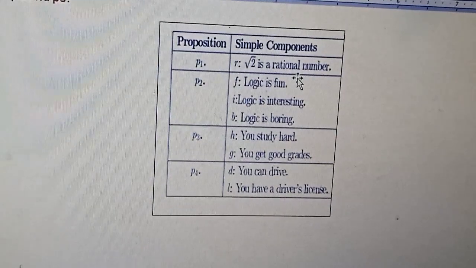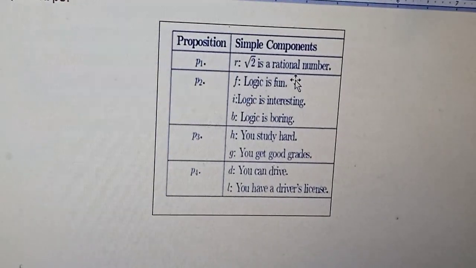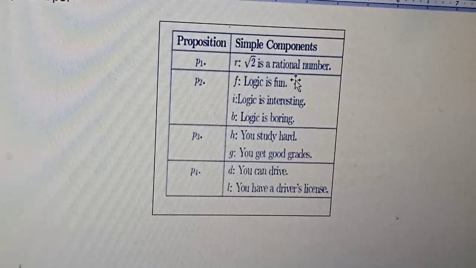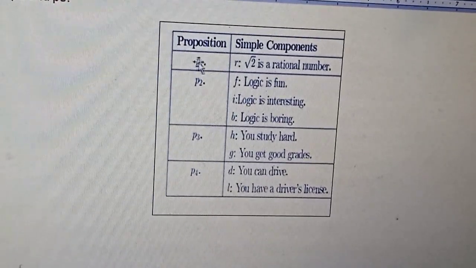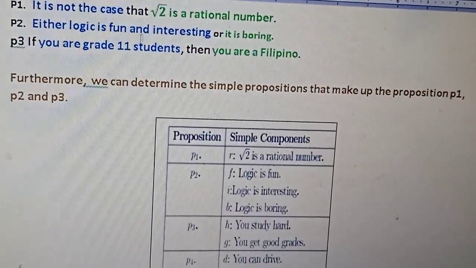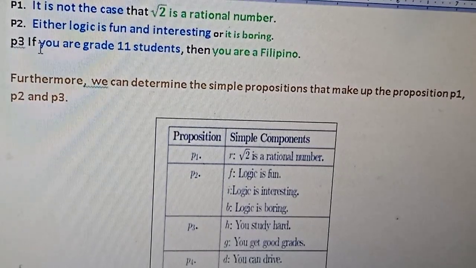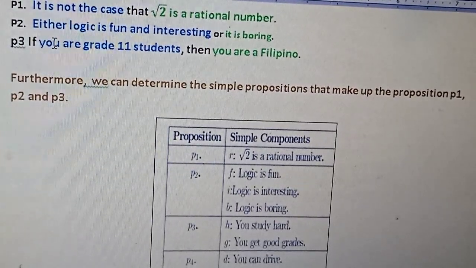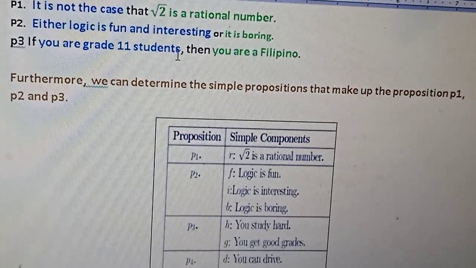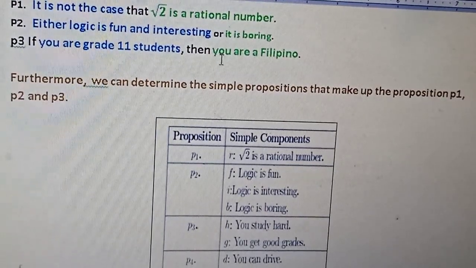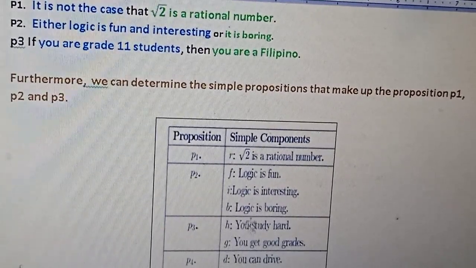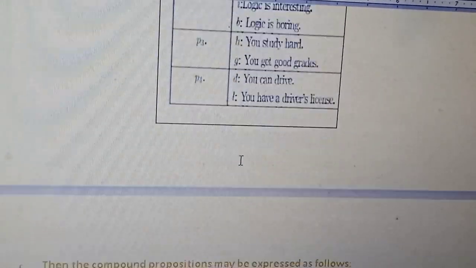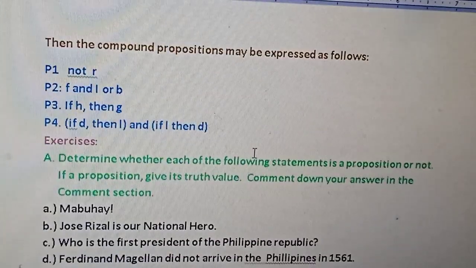So we can have this to illustrate the simpler components of the compound propositions P1 and P2. For P3, the first simpler component is you are a grade 11 student. The other is you are a Filipino. It's not illustrated in the table. Anyway, let's go to the next.